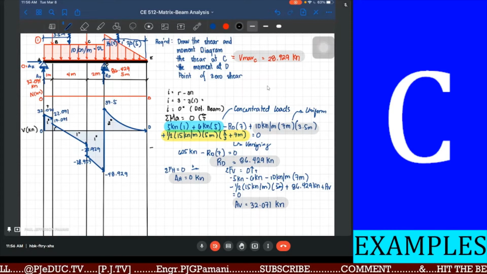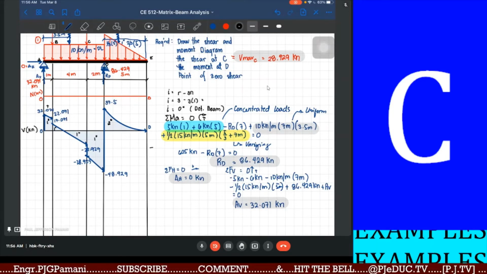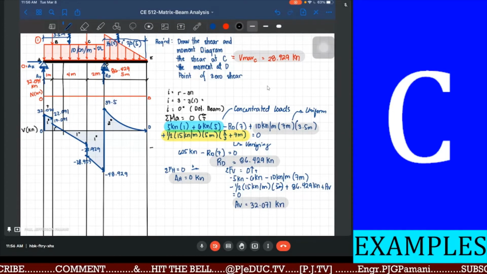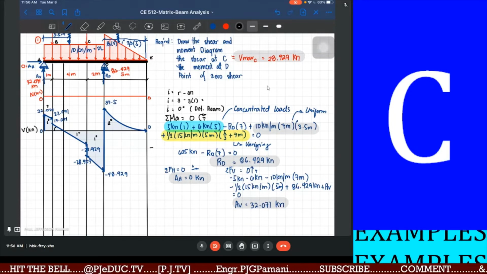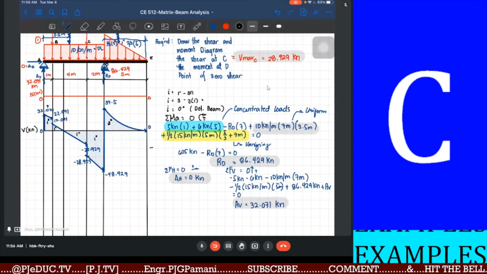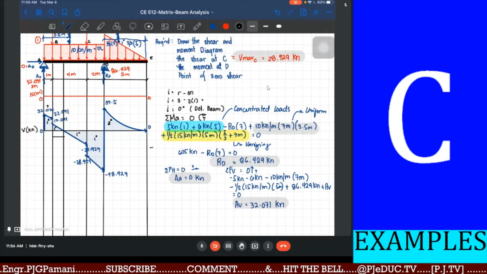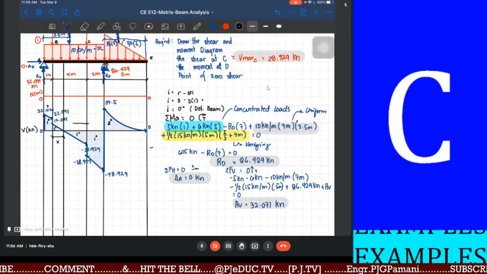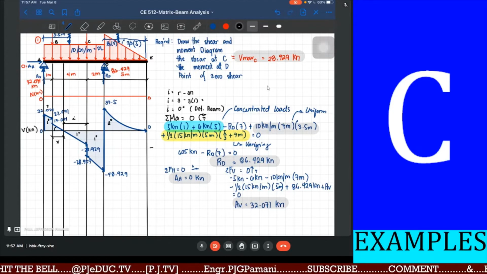second degree. Ano susunod natin kailangan before we continue is for us to identify the distance of this triangular, the base of this triangular figure at your shear diagram. Hanapin natin yan. Let's note that as x and note this as 4 minus x.